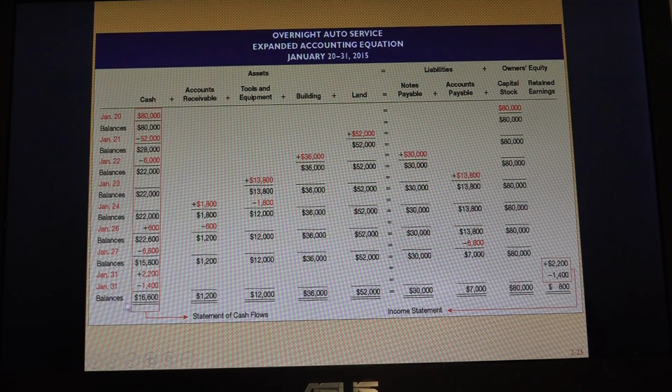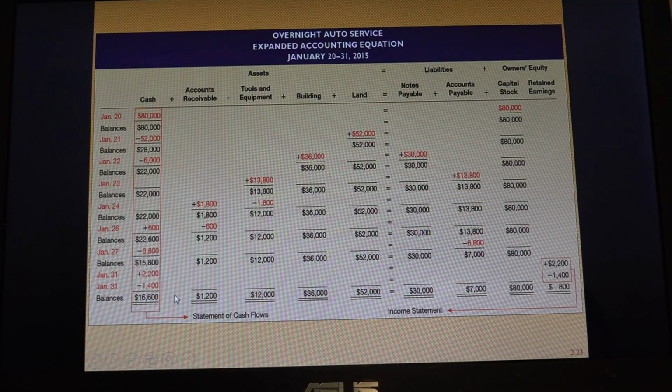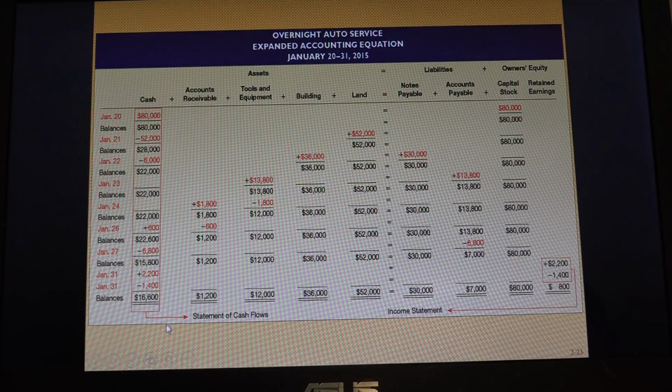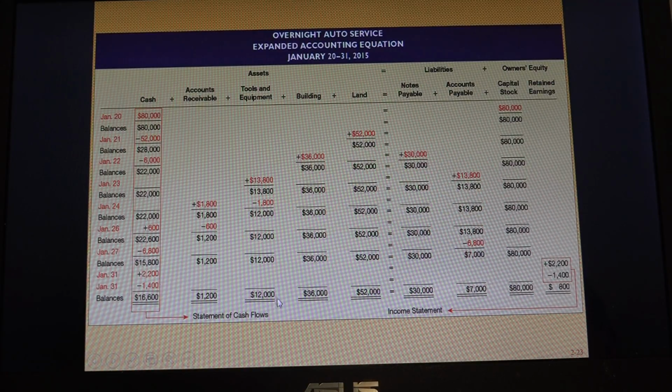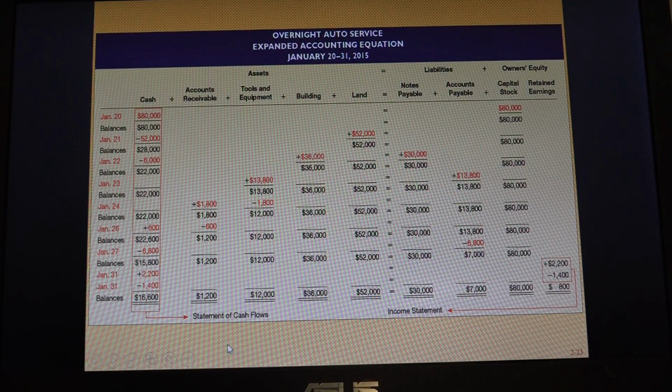And then, of course, your balance sheet would be all these items down here. You've got cash, $16,600, AR, accounts receivable, $1,200, and so on and so forth. So, I mean, this is a very basic way that you could do this. I wouldn't suggest it, but I think that's the way they want you to start out.